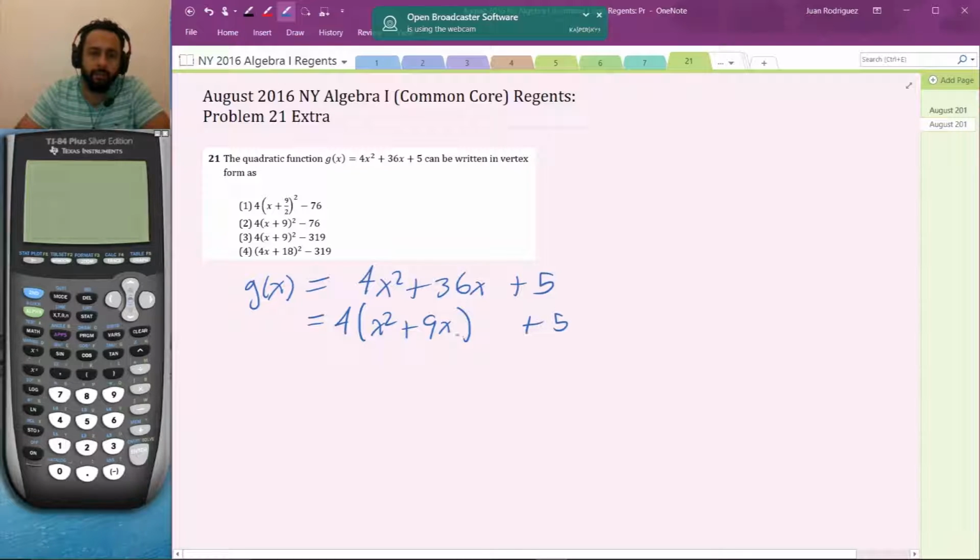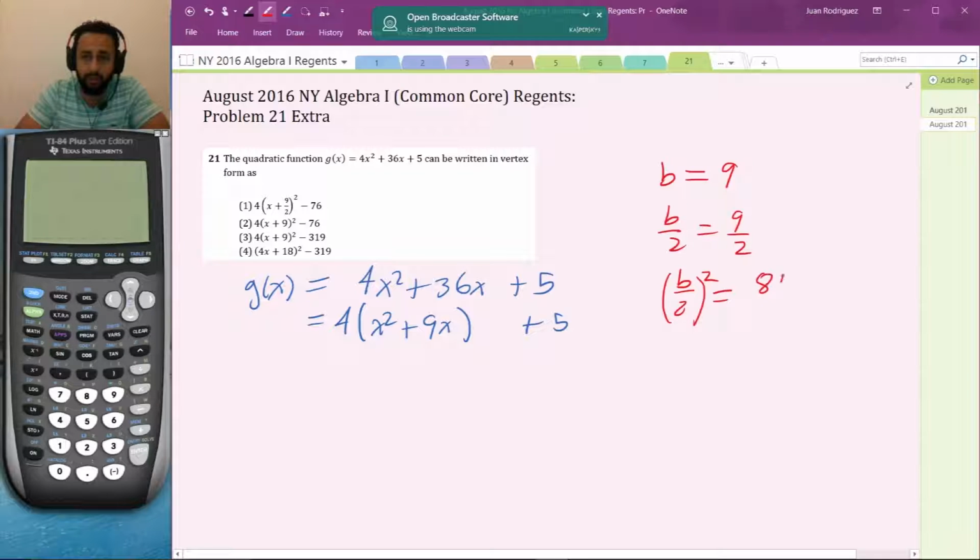Okay, so I'm going to complete the square by letting b be this number over here. So b equals 9, b over 2 equals 9 over 2, and b over 2 squared then is, well, 9 over 2 squared is 81 over 4. And these are the only numbers that work for this method of completing the square.